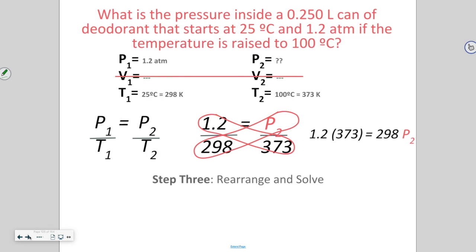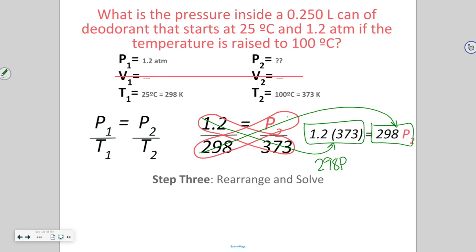And when you do, you see that your 298P comes over here, and 1.2 times 373 goes on the left. Doesn't matter which side you put them on, 1.2 just has to be with 373, and 298 has to be with P2. So if you wrote it like this, it will be the same exact thing. It just means you have to write those things together.